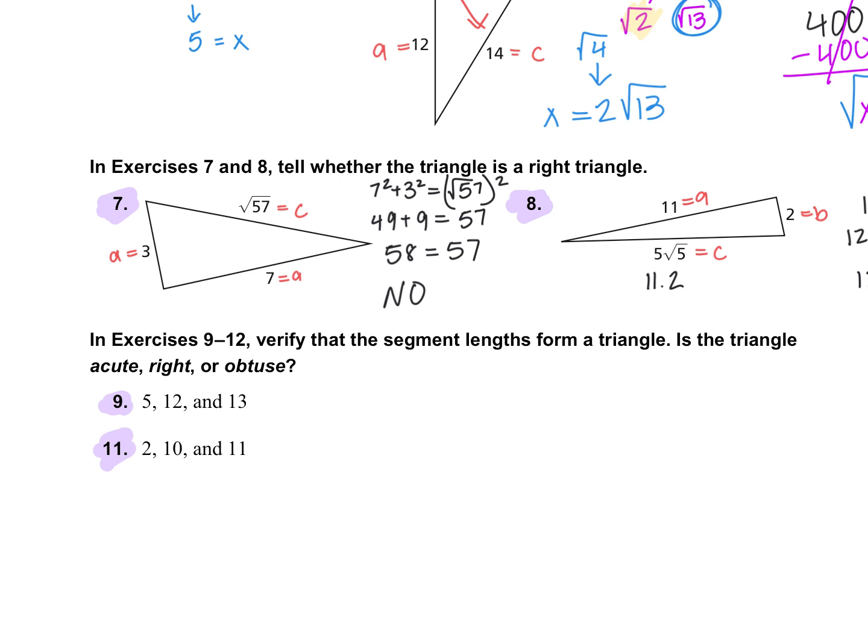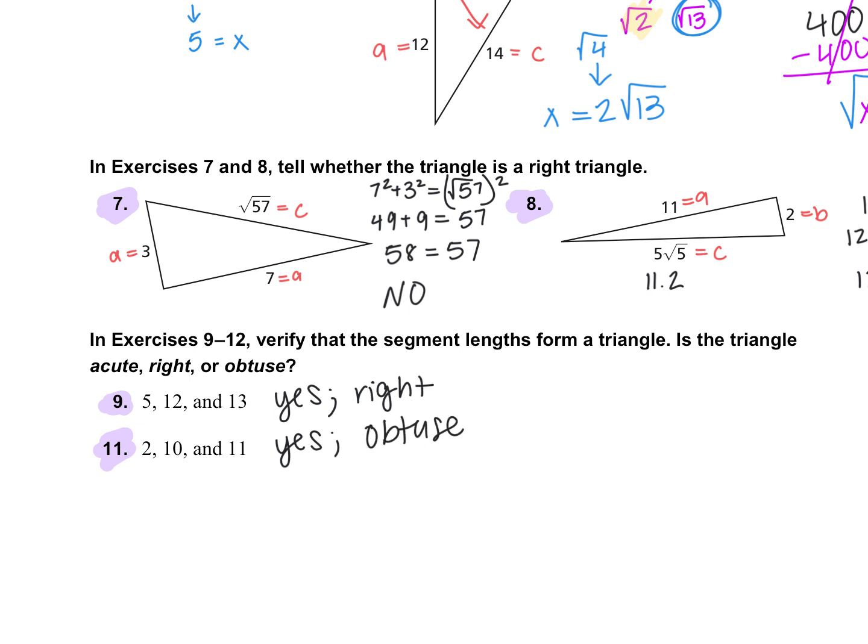But if you did it correctly, number 9 is a yes. This is a triangle because the 13 falls in between your 5 and your 12 if you add and subtract it. And this would have been a right triangle. And 11 is also yes, and this would have been an obtuse triangle.